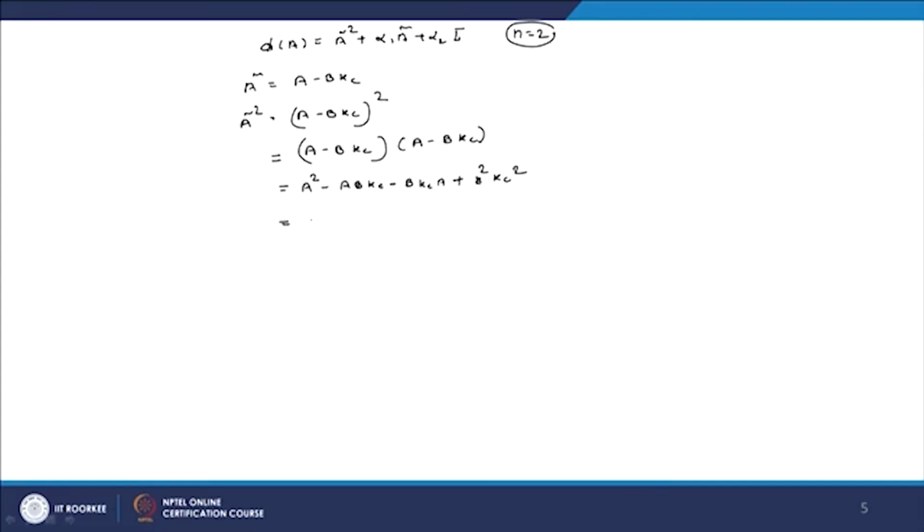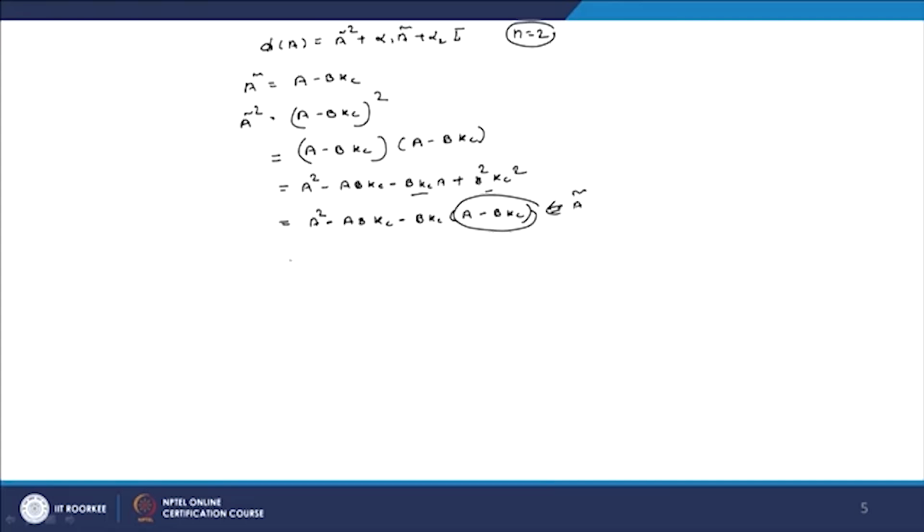Now after solving this we will get A square minus AB into Kc minus, here B Kc is common, so we can write B into Kc into A minus B into Kc, and we know that A minus B Kc is equivalent to A bar.